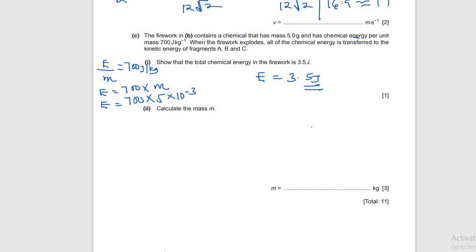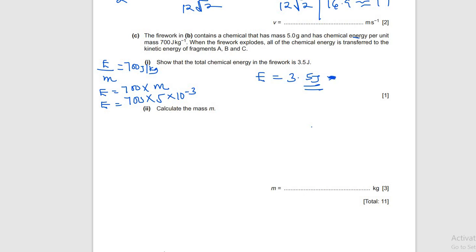Now calculate the mass. Already we have the kinetic energy to be 3.5. We recall that the firework explodes into 3 fragments, and the total chemical energy inside the firework is 3.5.